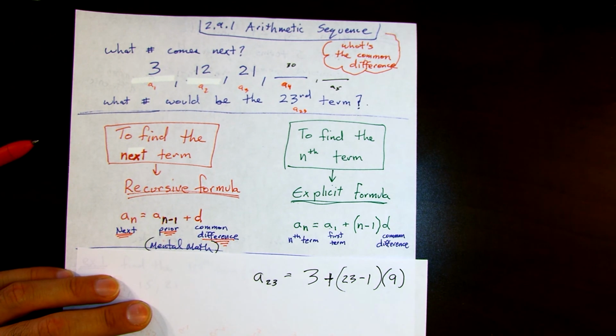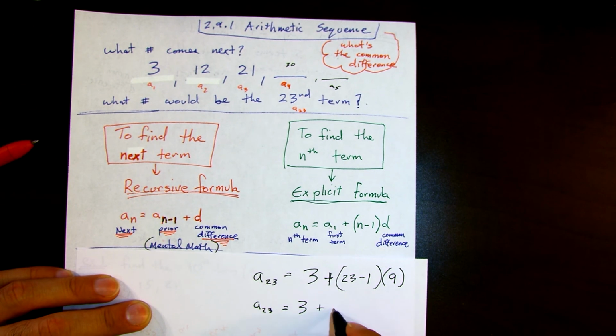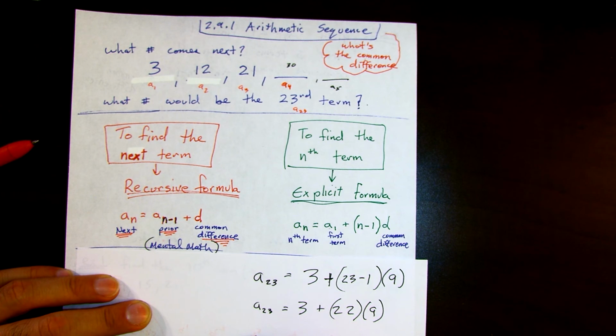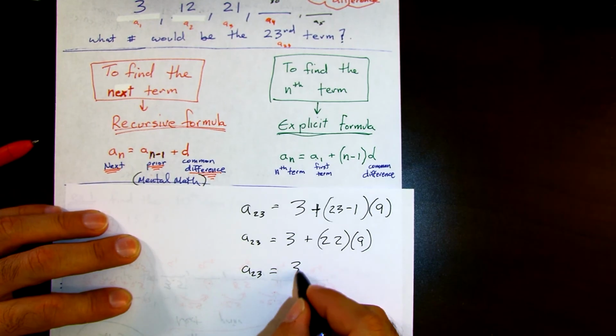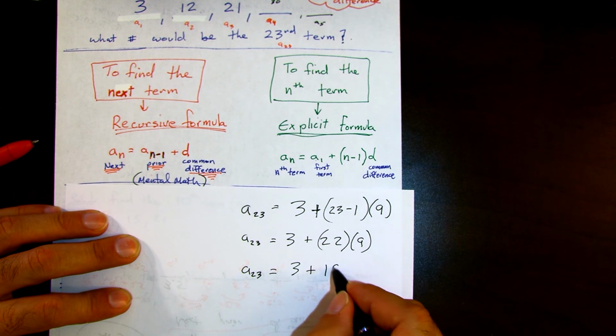Wow. So the 23rd term, I'm going to start to whittle away at this. 3 plus 22 times 9. Three plus 198.